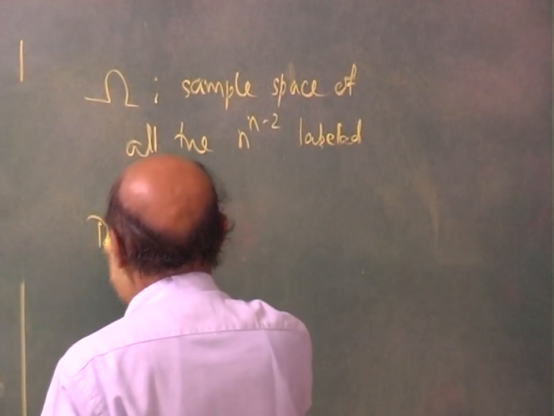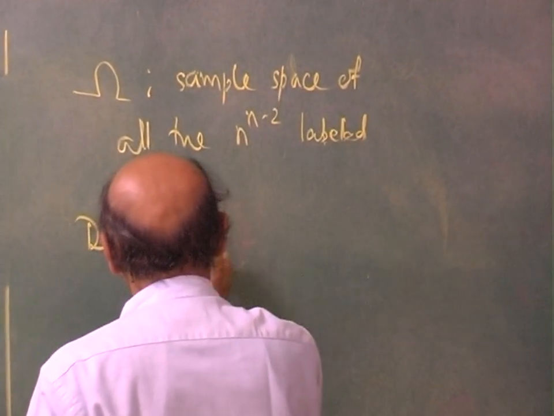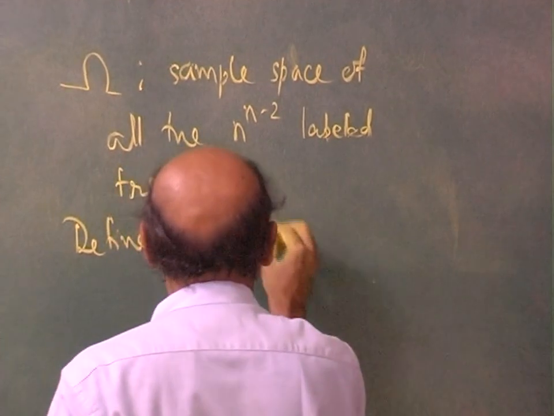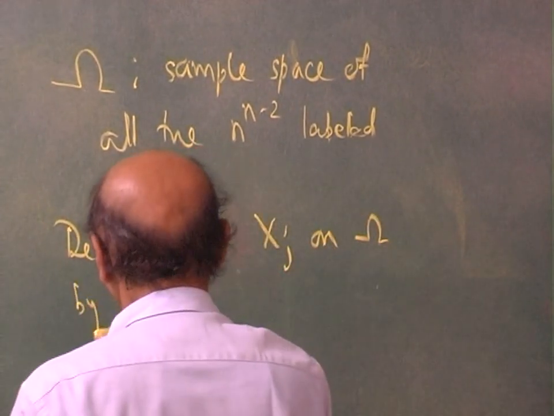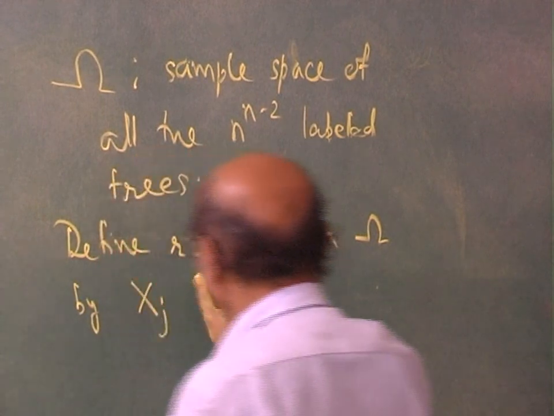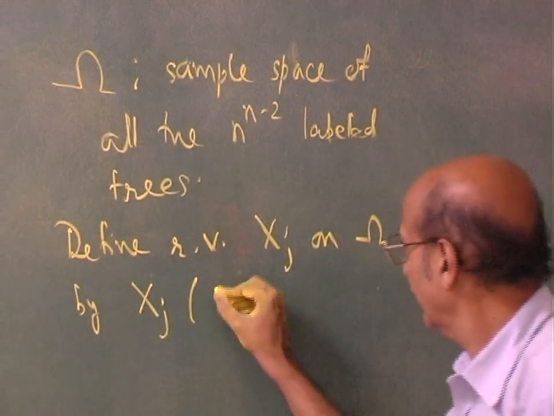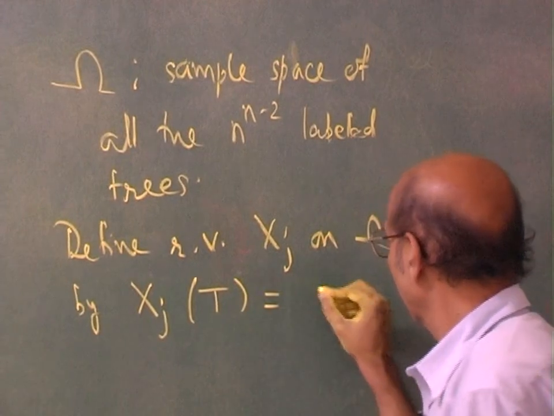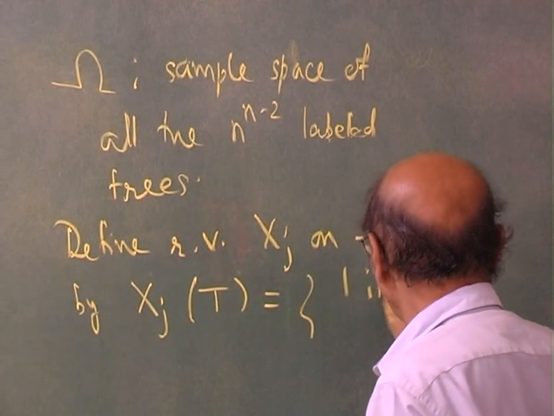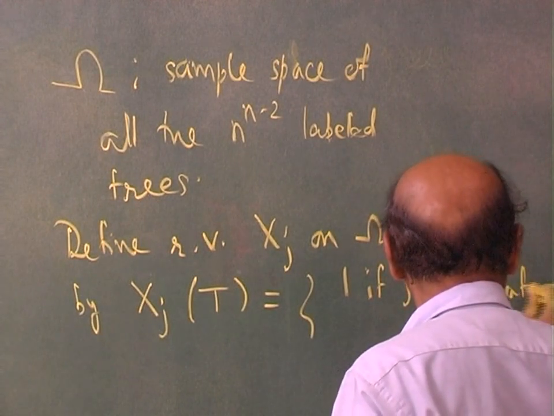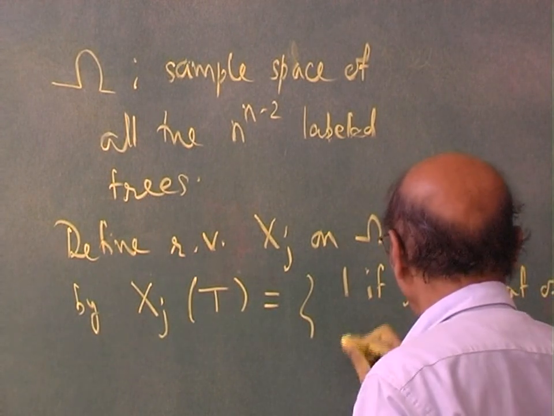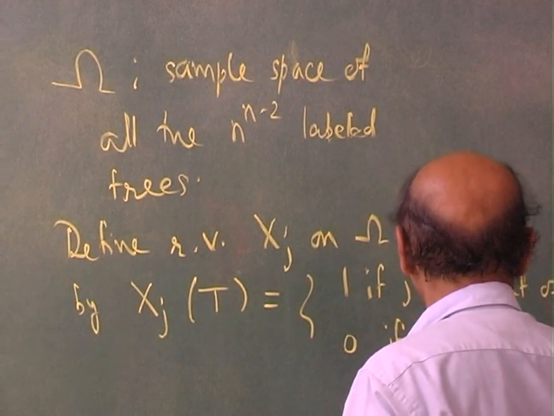Define a random variable that is one if j is a leaf of T, 0 if j is not.